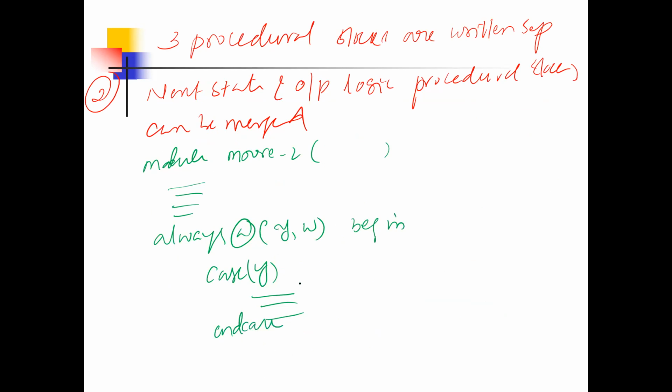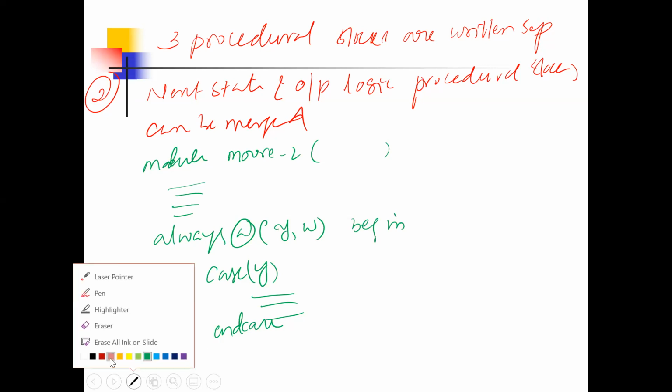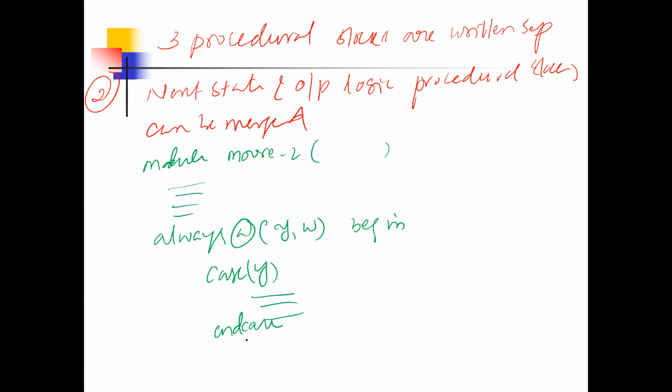Okay, so later write: if (y == D || y == F). That is the logic of output.